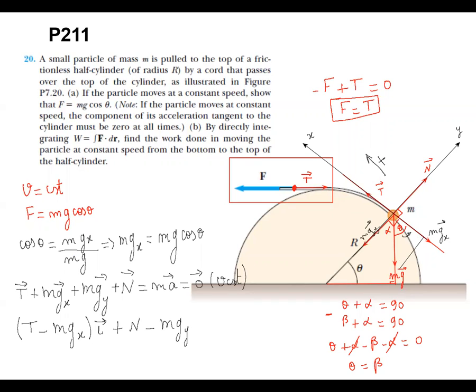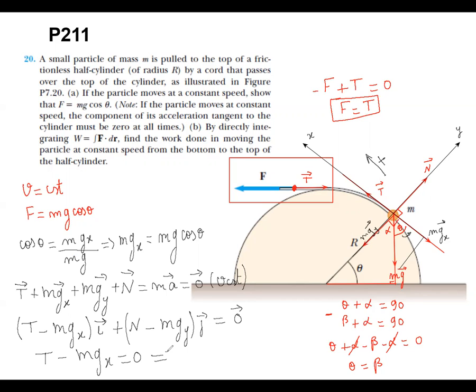As you see here, mgy is down, N is up. This equals 0. So T minus mgx equals 0, and N minus mgy equals 0.